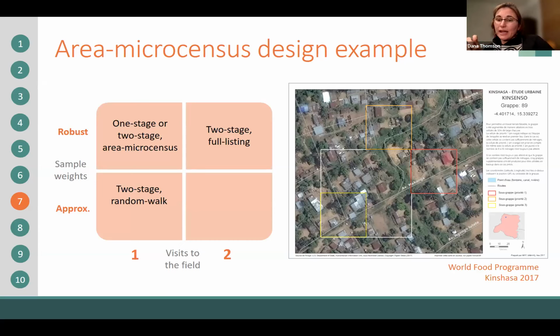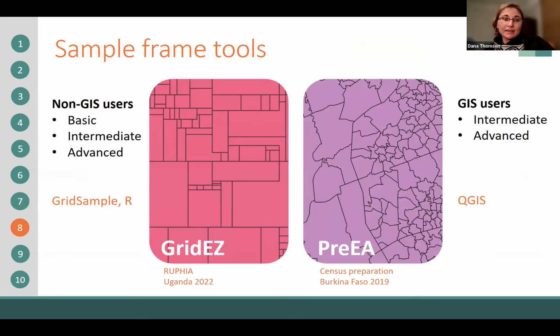Like if you had predefined, say, 2 or 3 cells that you thought had 15 households, there will be some variation in that because there's model error. So this approach really helped to manage the number of households responding per PSU, and also allowed robust sample weights and one visit to the field. So check out that design.